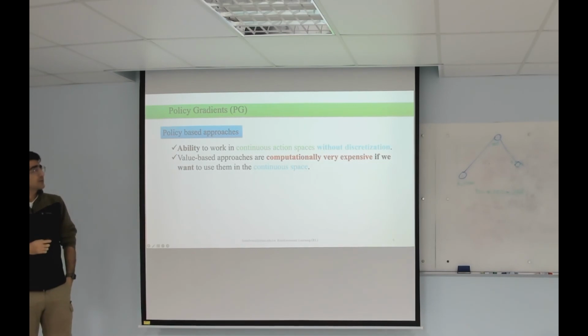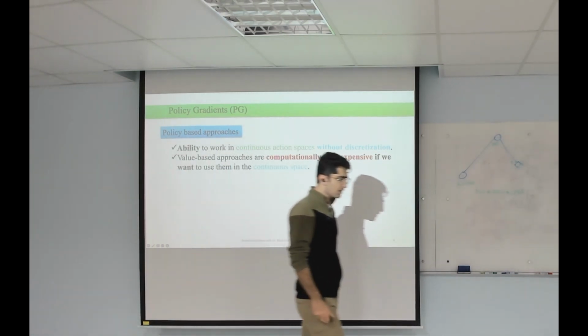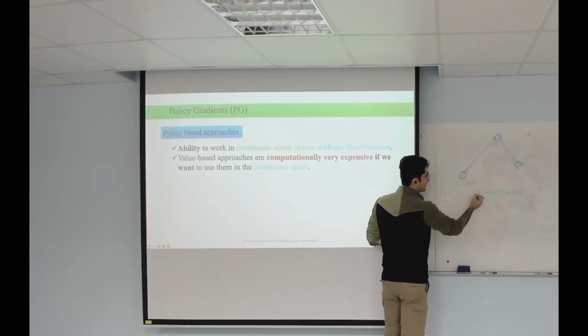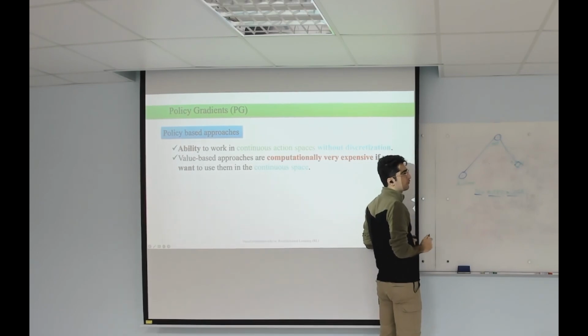So we say value-based approaches are computationally very expensive if we want to use them in continuous space. Why? Because I said I discretize this, whatever it is, and I can calculate the value function.